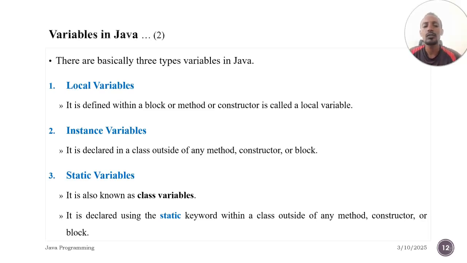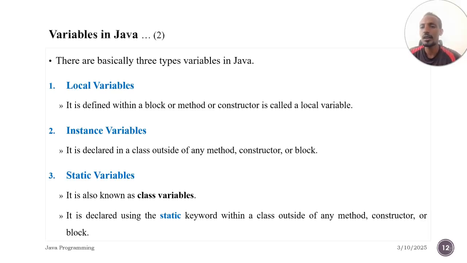The third type is static variables. Static variables are also called class variables. It is declared using the static keyword in front of the data type, within the class, outside of any methods, constructors, or blocks. So instance variables and static variables are differentiated by the static keyword.